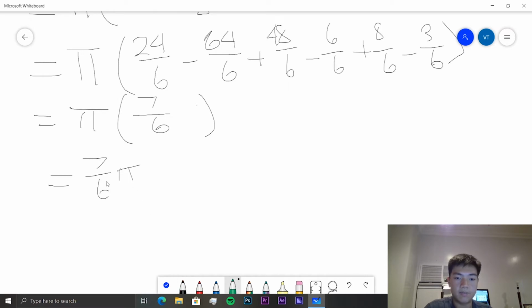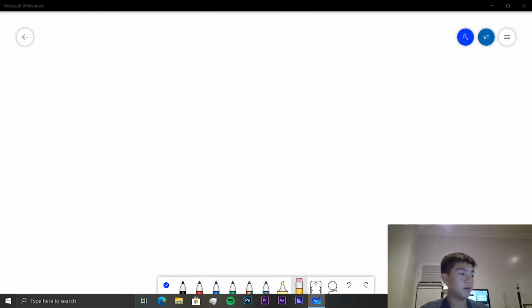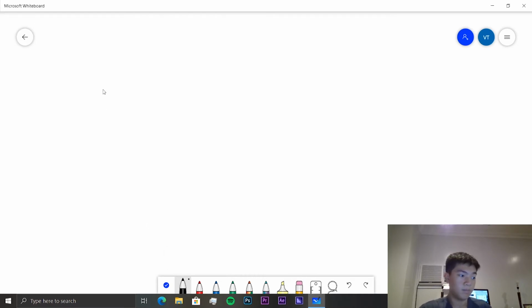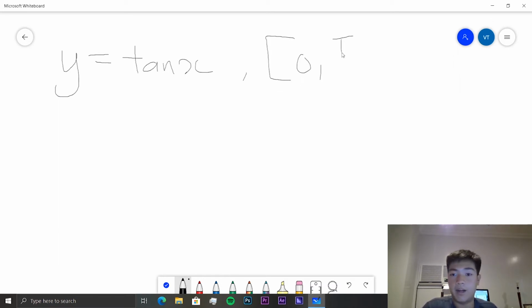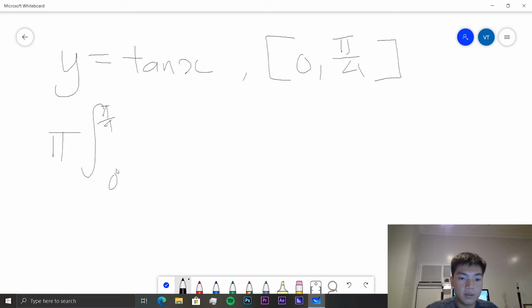Nice. Okay, on to the next one, where we have y is equal to tangent of x between 0 and pi over 4. So to rotate this around the x-axis, remember, the integral from 0 to pi over 4 of y squared, which is tangent squared x dx.